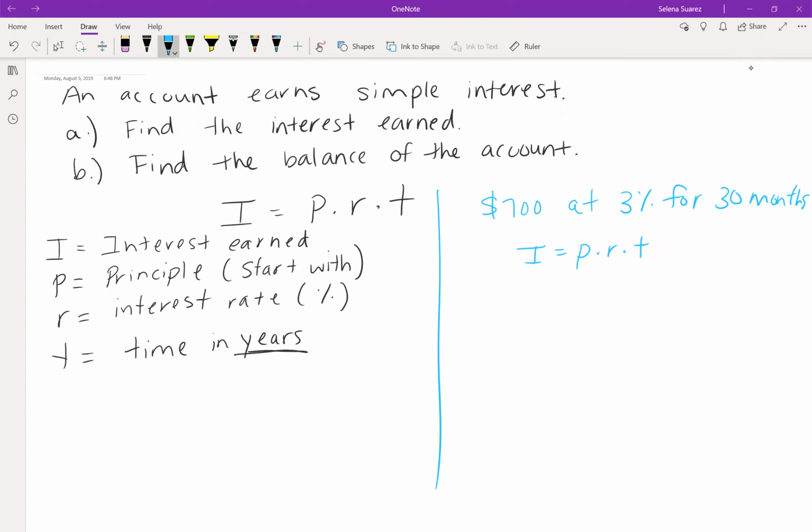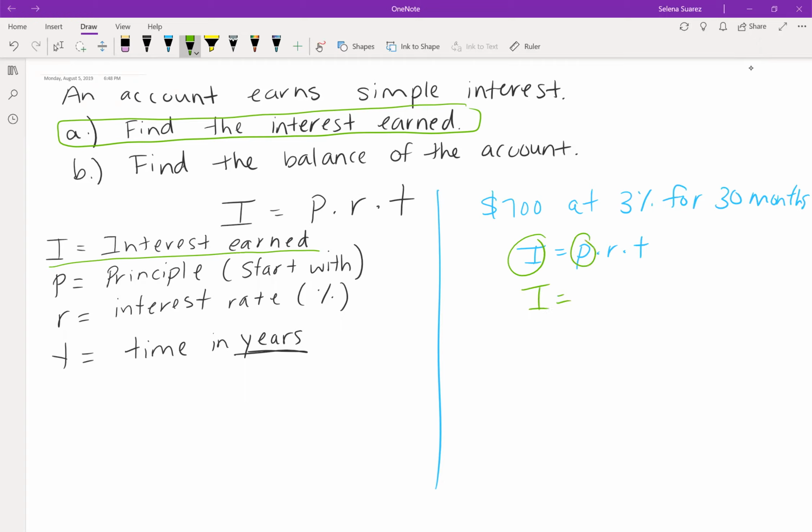This right here is the first part that I'm trying to answer. It says find the interest earned. Well, I don't know what that is yet. I'm trying to solve for it, so I'm going to leave that variable there.